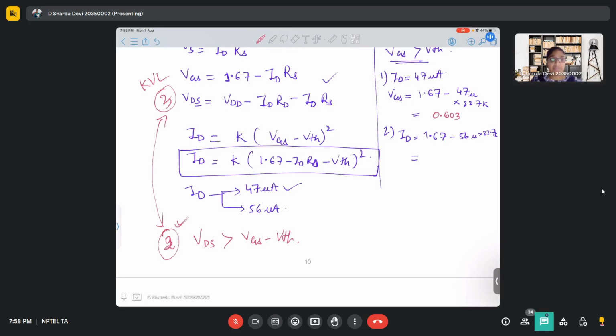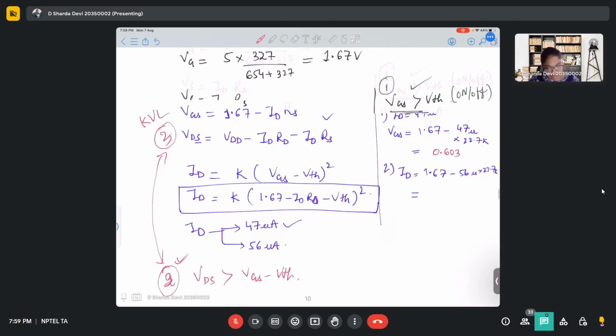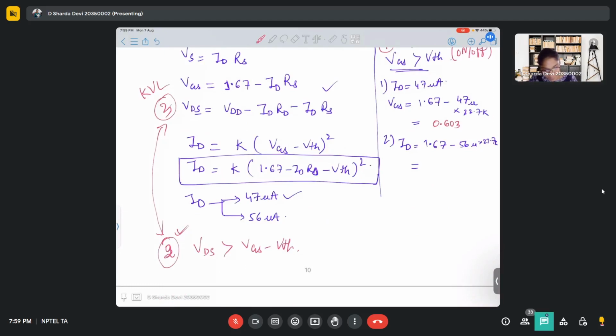Yes, VGS greater than VTH is to check whether the device is even turned on or off. So this is for the on-off condition, this is for saturation, and this is basic KVL.